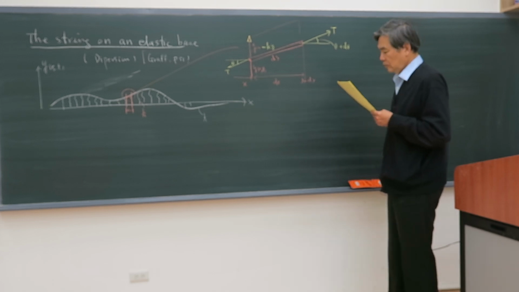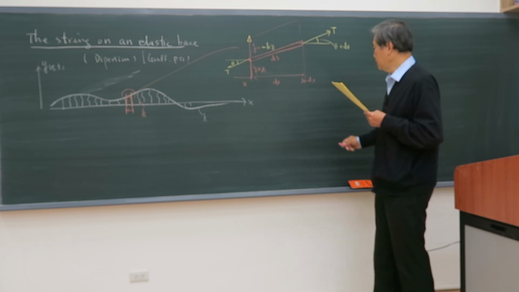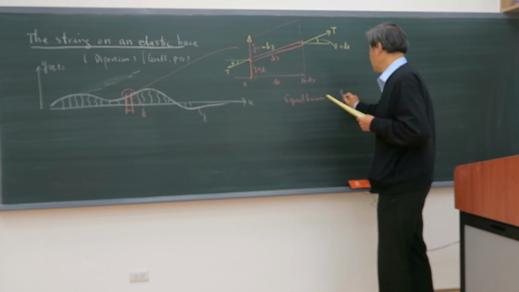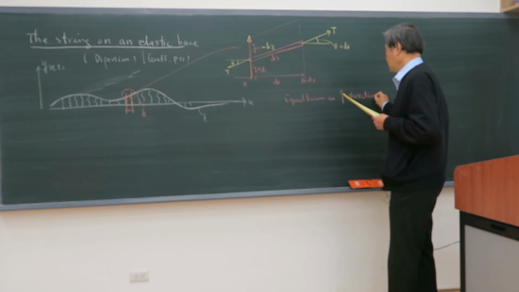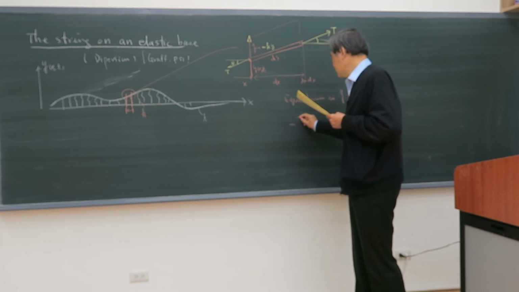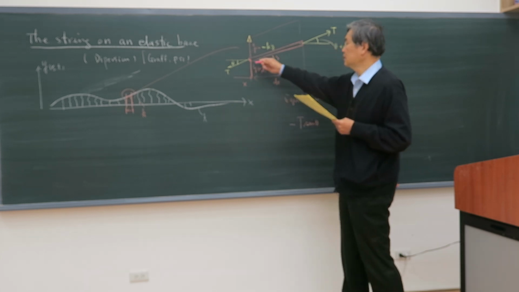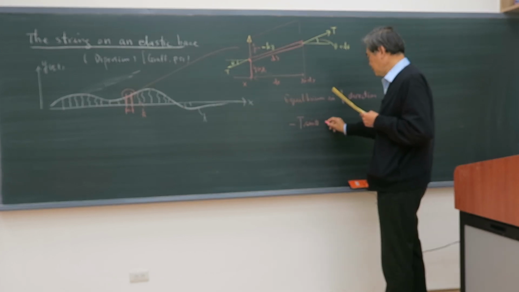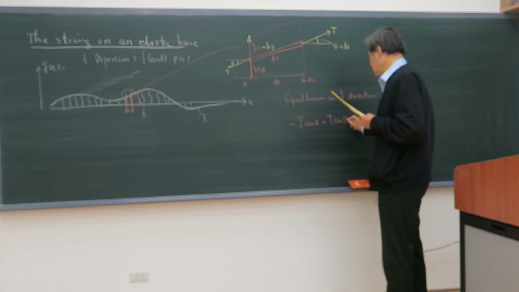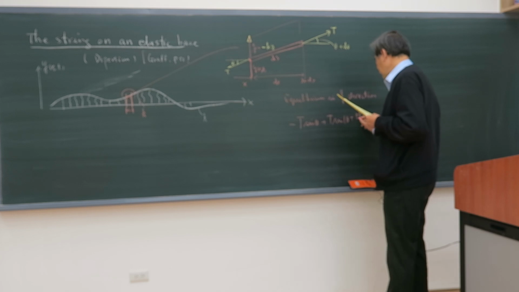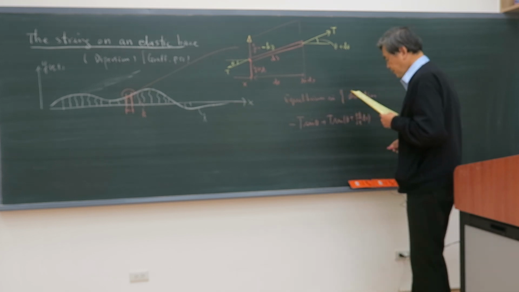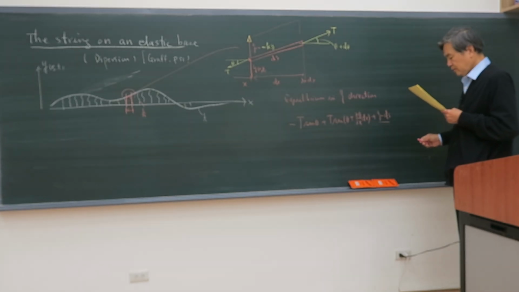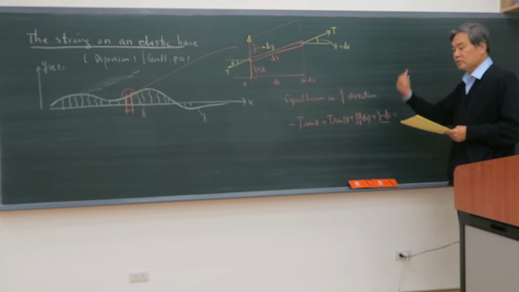All right. So from this equilibrium in the y direction, we have minus T sine theta, which is downward, plus T sine of theta plus d theta, where d theta you can write as partial theta partial x times dx, plus q ds, the upward force, equal to the unbalanced force that causes acceleration.